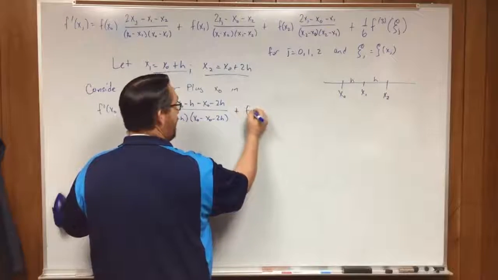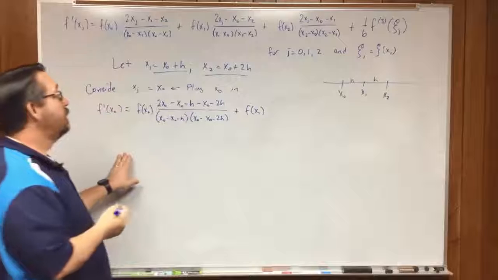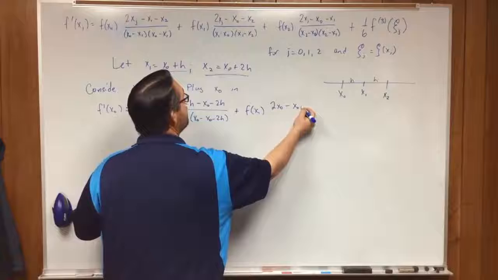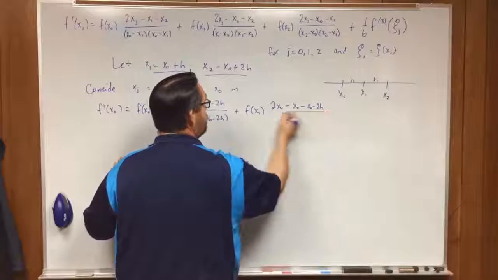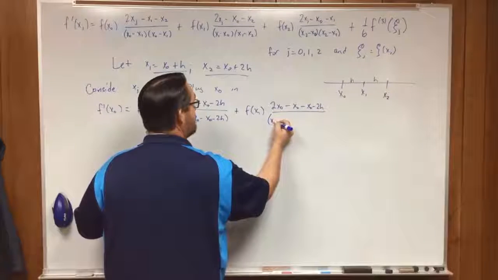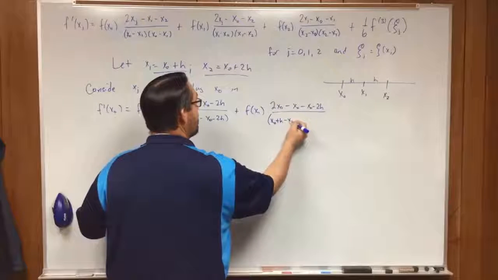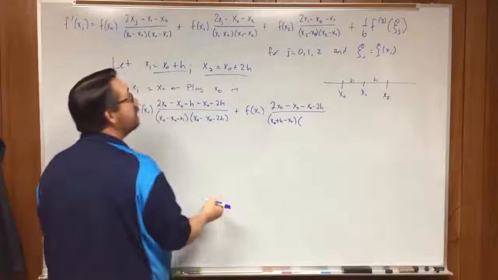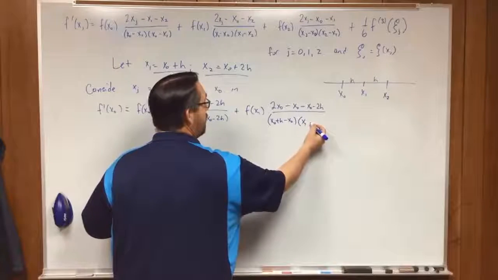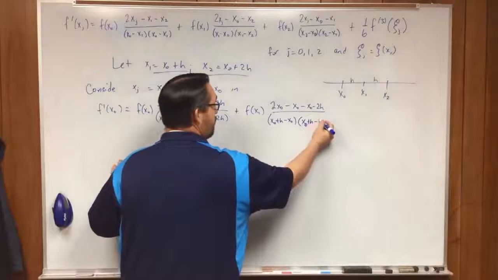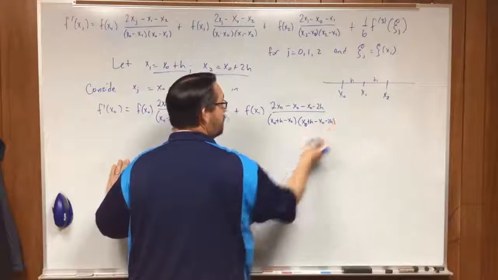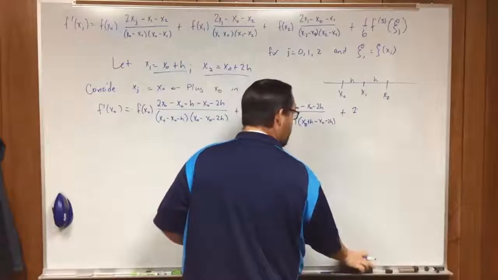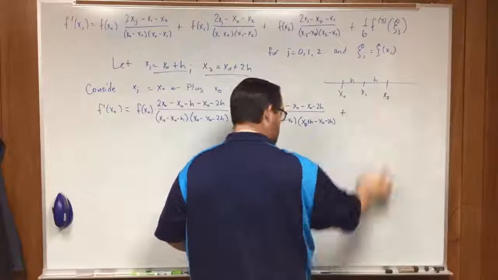The next one would be f at x1. You have a 2x0 minus x0 minus x0 minus 2h divided by x0 plus h minus x0, because x1 is x0 plus h, times x1, which is x0 plus h minus x0 minus 2h, plus, and don't forget the f of x2 here.